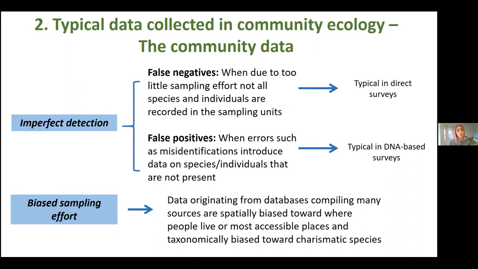For example, in this kind of databases we may have data especially biased toward where people live or the most accessible places, and we may also have taxonomic bias toward those species that are most charismatic or easiest to identify.